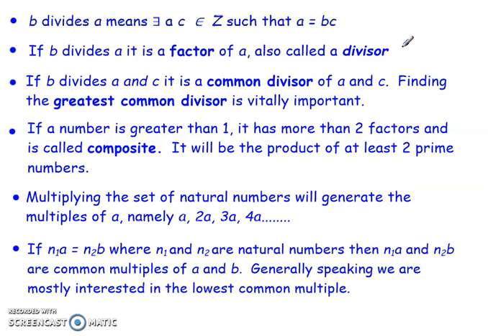Generally speaking, we're more interested in the lowest common multiple of the two numbers. So these are some of the key ideas that we have to bear in mind, particularly the greatest common divisor and the lowest common multiple. They are key facets that come into play, particularly with things like Euclidean algorithms.